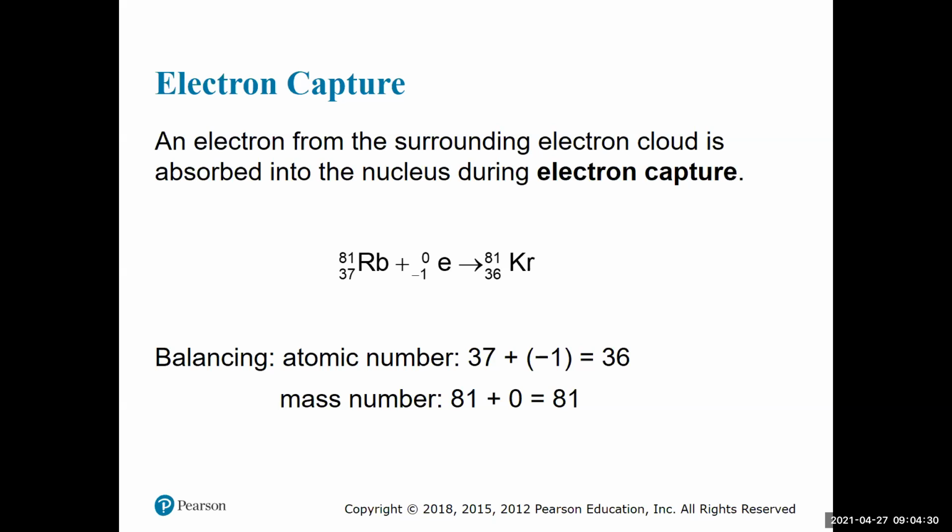And so that's going to impact our atomic number. And so here we see, in this case, the rubidium, 81 stays the mass, 37 and -1, we have a new atomic number of 36. And so we would need to look that up to get what the new element is.